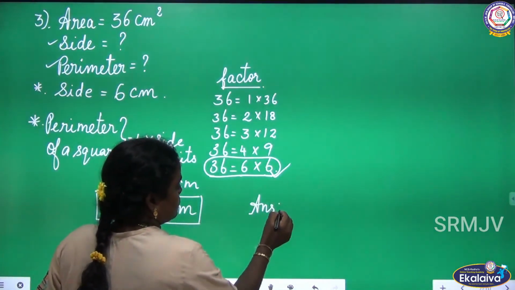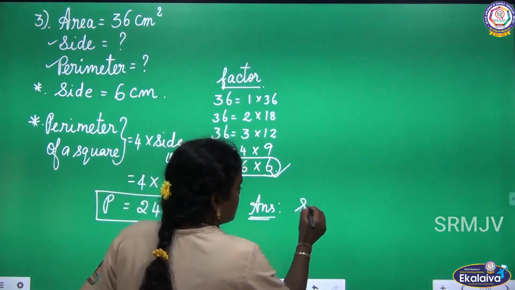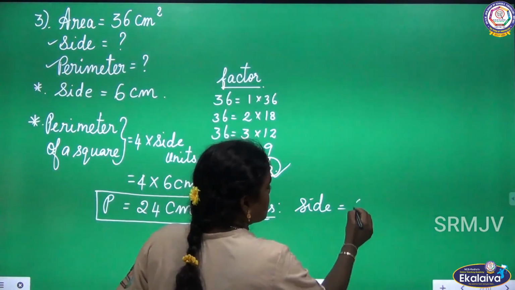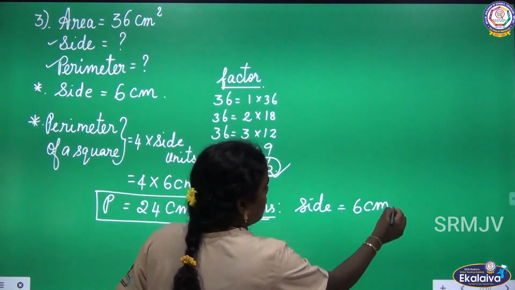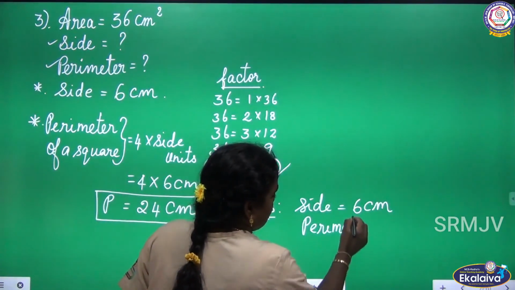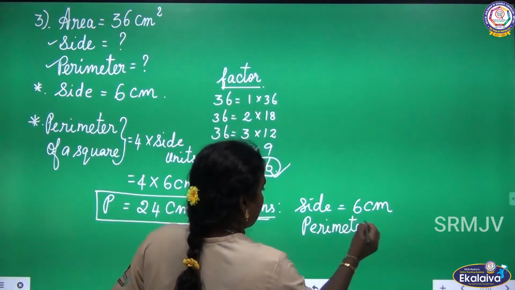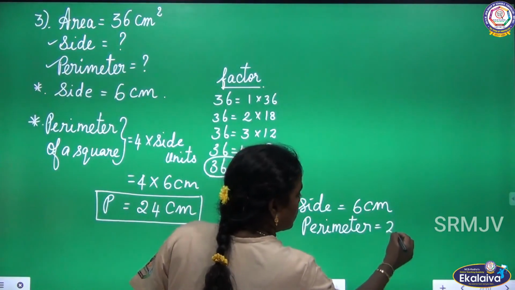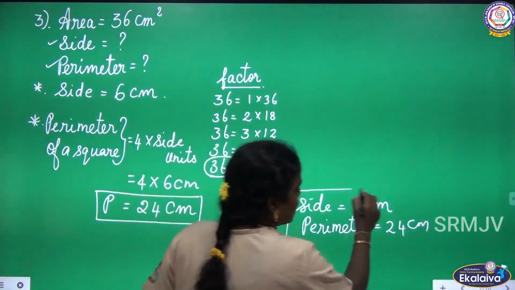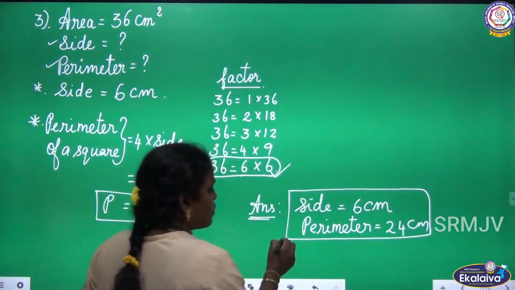Side of a square is 6 centimeter and perimeter of the square is 24 centimeter. This is the side and perimeter of the given square.